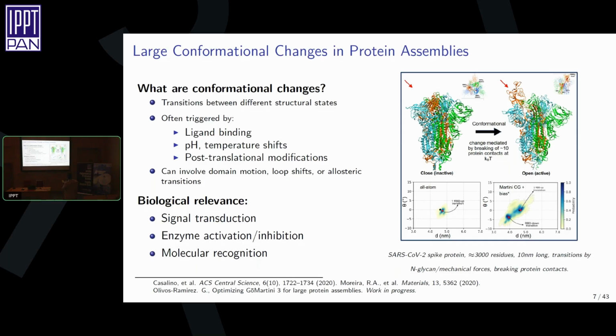And so this transition has been barely characterized for the wild type form. But of course, we know that the spike protein also has variants. And even if we use all the computational power that is available nowadays, it would be impossible to do a systematic study of all the different variants, right?